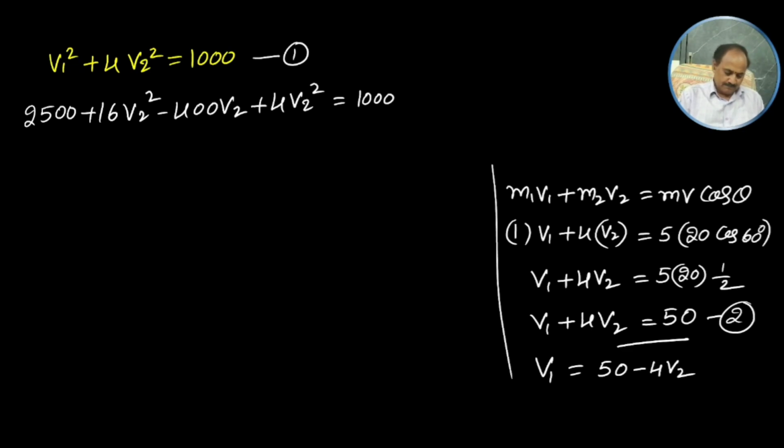Now let us simplify it. Here it is 2500 plus 16 plus 4, 20 v2 square, minus 400 v2, equal to 1000.